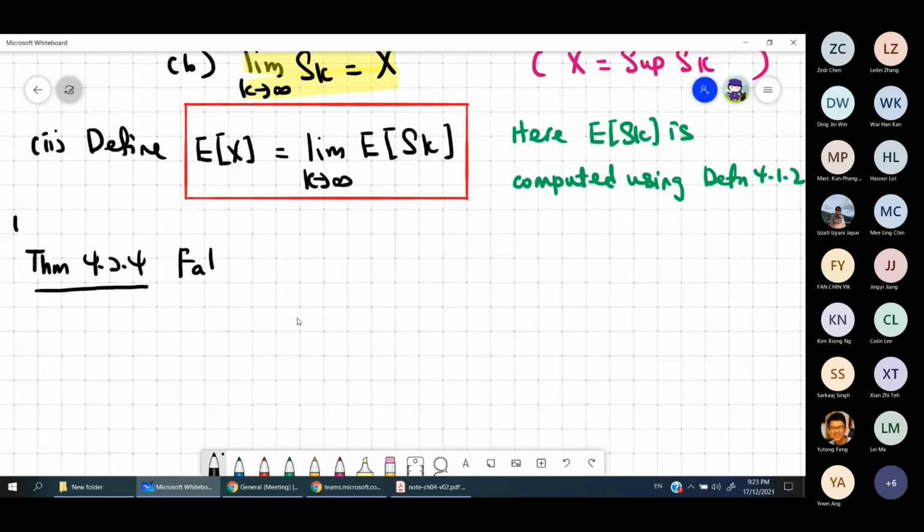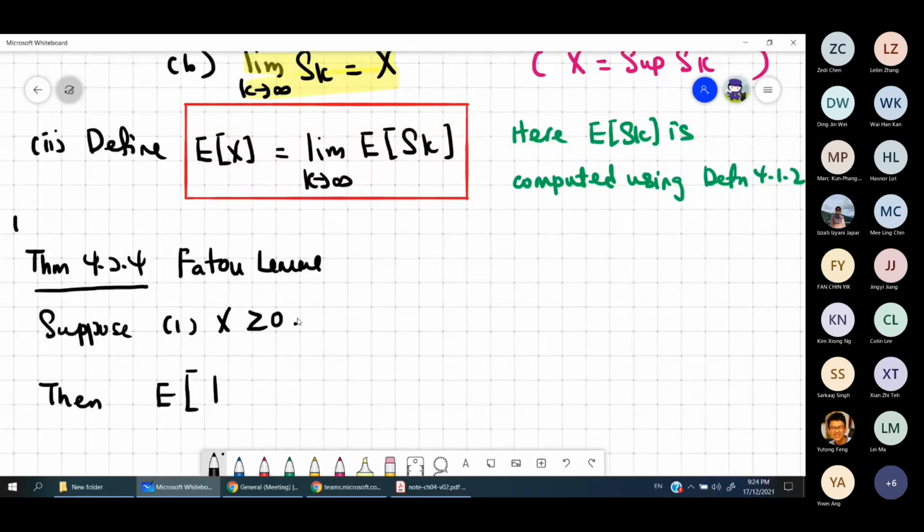Fatou Lemma, only one hypothesis: suppose Xk is greater than or equal to 0, then E of the limit inferior of Xk will be less than or equal to the limit inferior of E of Xk.